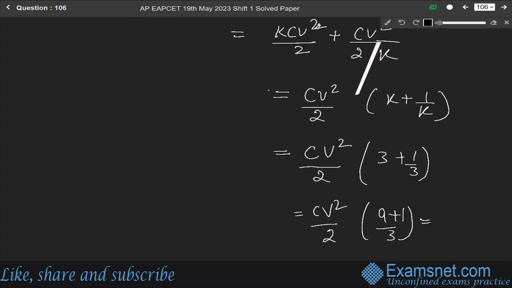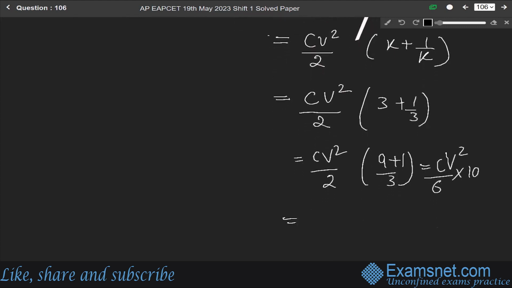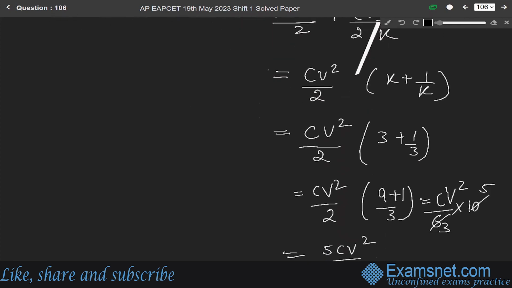So it will be equal to CV square over 6 into 9 plus 1, 10. So it will be 2 threes are 6, 2 fives are 10, so 5 CV square over 3. Let us say this is equation number 6.